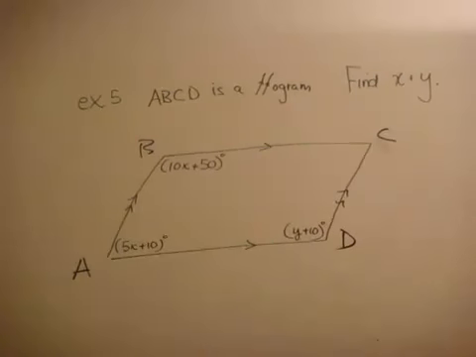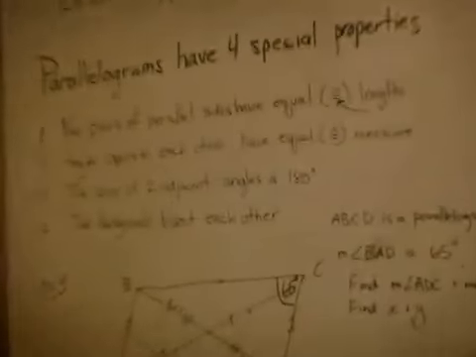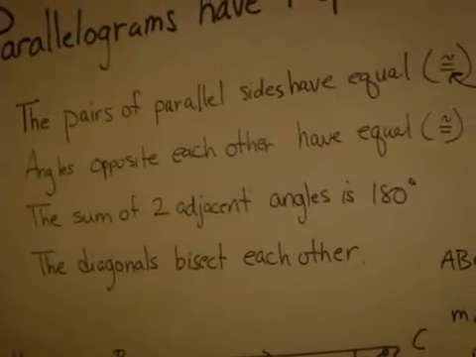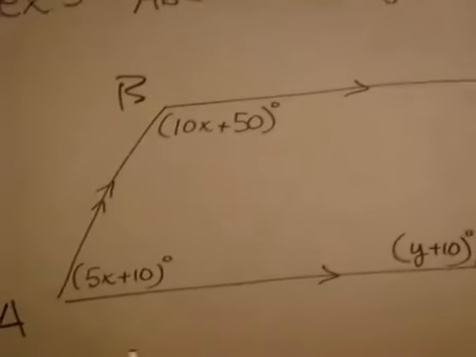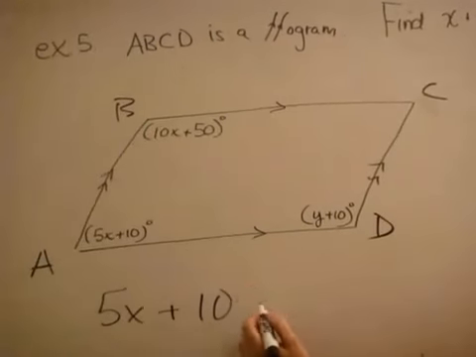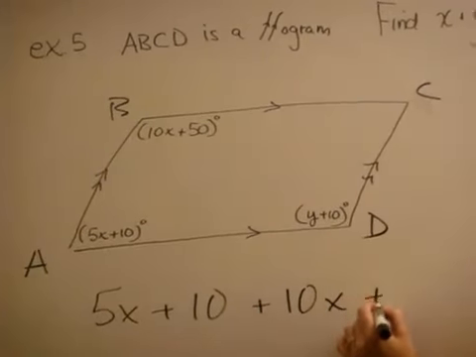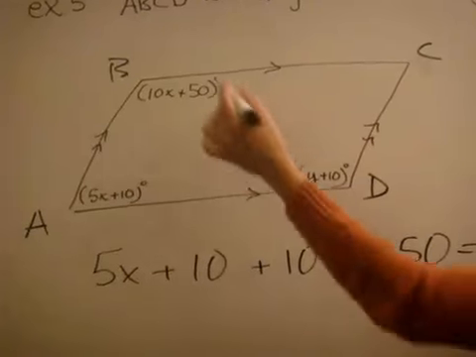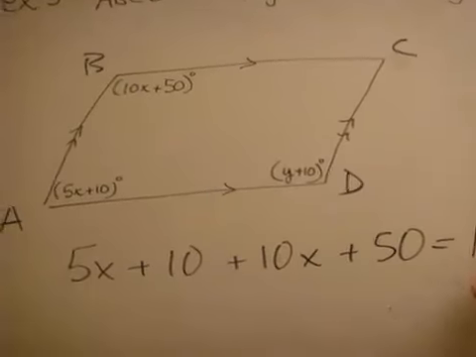And our special property of parallelograms says that adjacent angles, A plus B, equal 180. So I'm just going to take 5x plus 10 and add it to angle B, which is 10x plus 50. And I know that these 2 add up to 180.